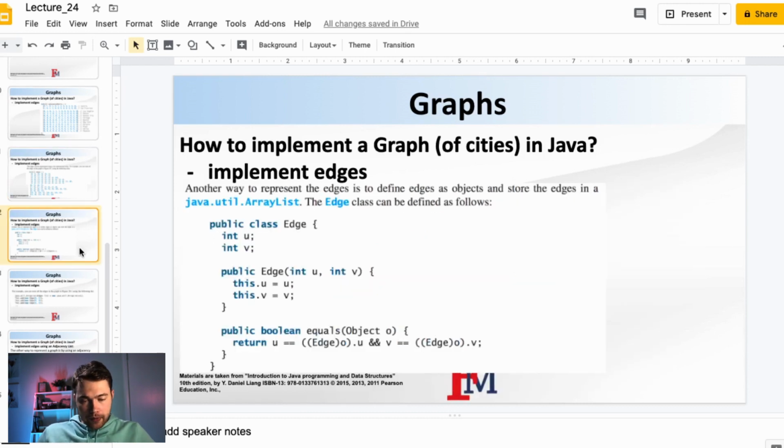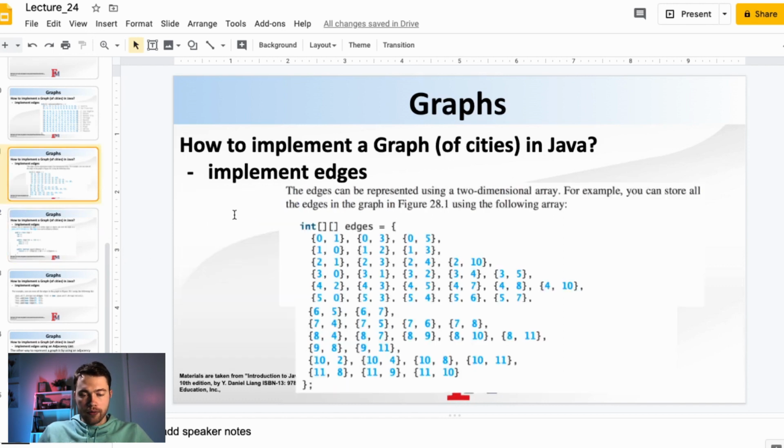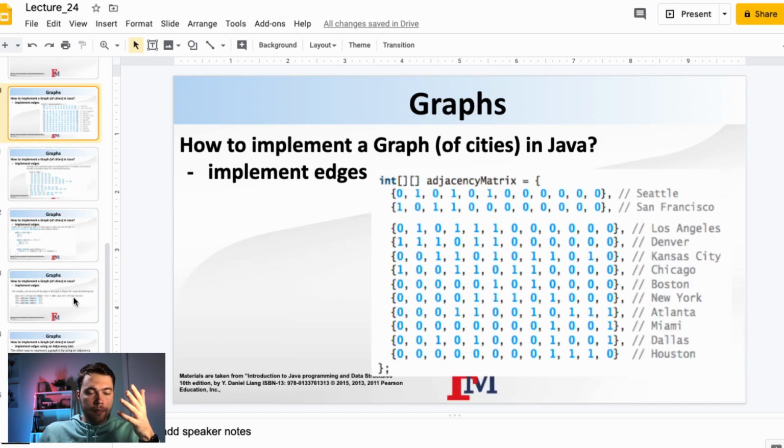What else? Yeah, so if you were creating the graph by yourself, here's what you have to do. You need to create a class called Edge, with int u, int v. First off, you need to create this matrix, or this matrix, up to you.